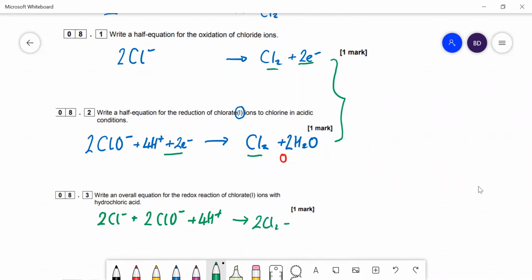That's 2Cl2 and 2H2O, and we can divide everything there by 2, so I think you probably get the mark for that, but it's probably best to put Cl minus plus ClO minus plus 2H plus goes to Cl2 and H2O.